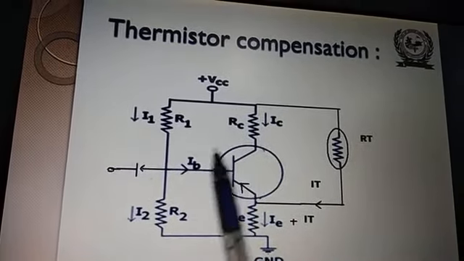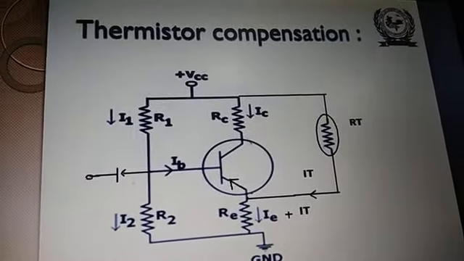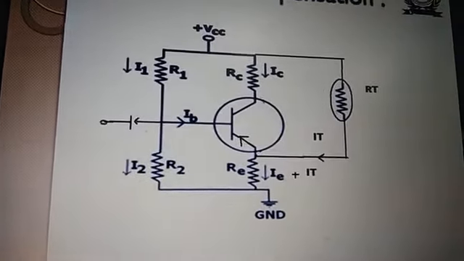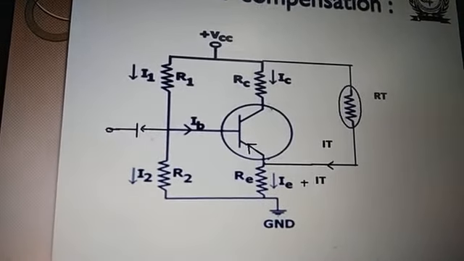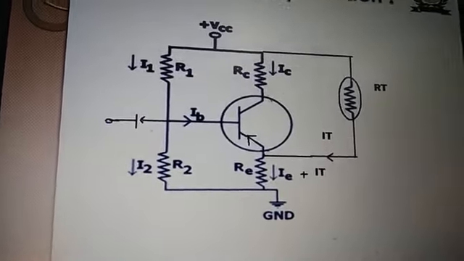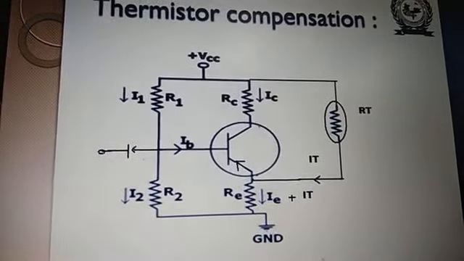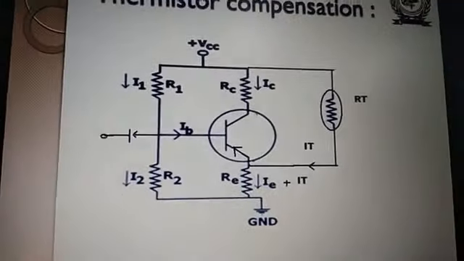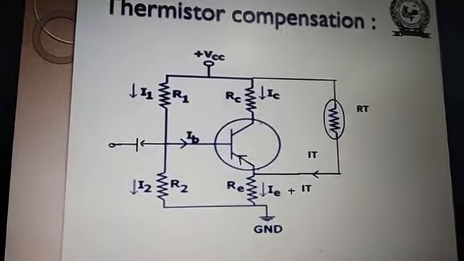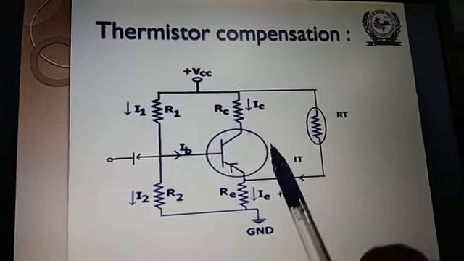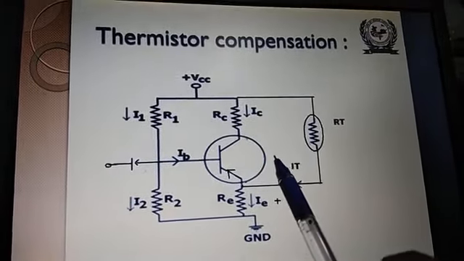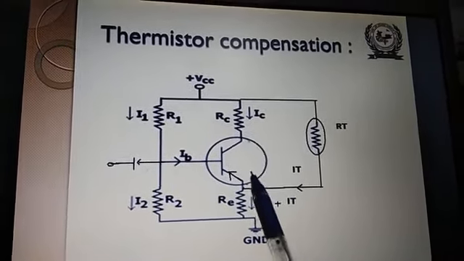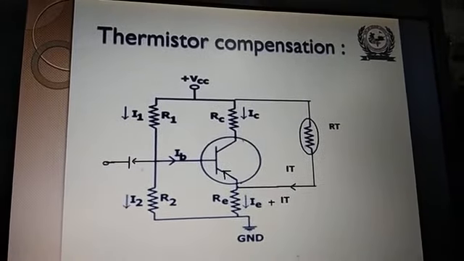The ICO of this transistor will be protected from increasing, and hence there is no increase in the collector current IC. So the increase in IC will be avoided due to this thermistor resistance, and hence this is the most important compensation technique to avoid the thermal runaway, or to avoid the damage of the transistor due to increase in temperature.